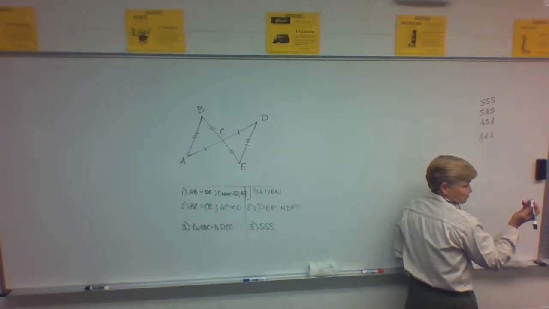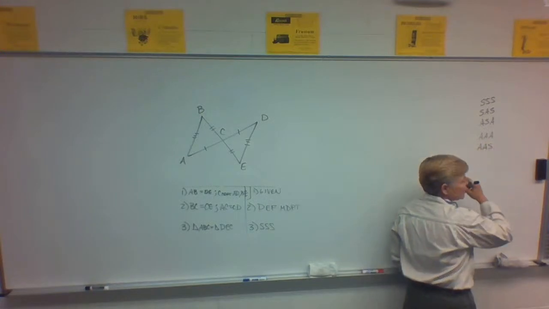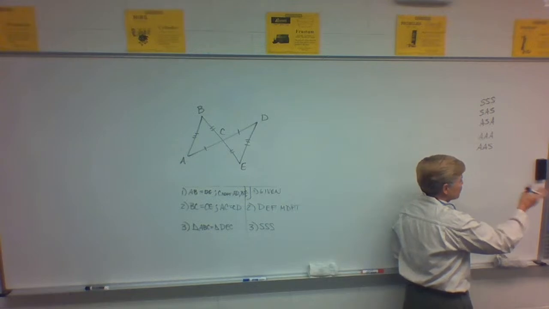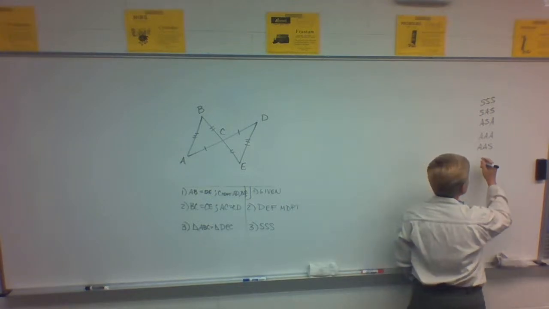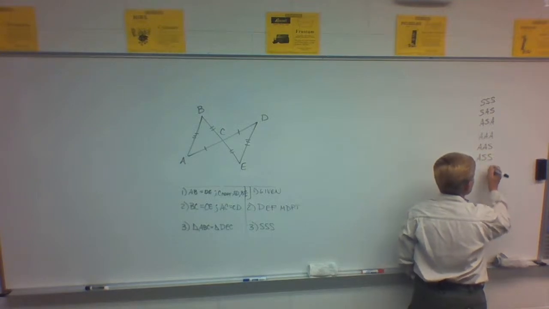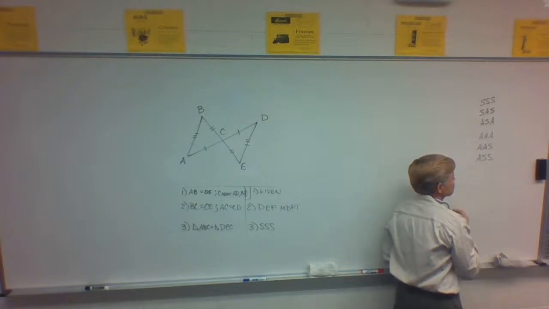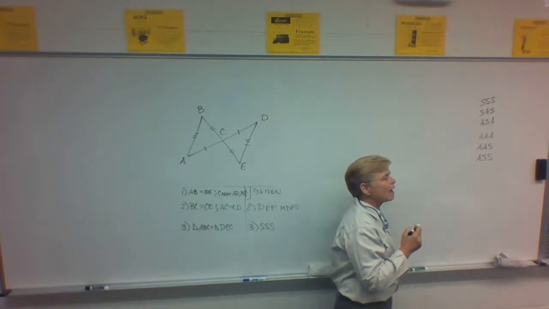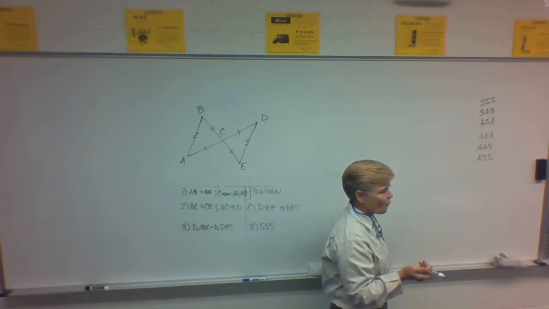And by the way, angle, angle, side, and side, angle, angle are the same, whether you read it forwards or backwards. What else? Angle, side, side. And that looks terrible. I'm going to leave it up there. Can you think of any other A and S combinations that we have not written?